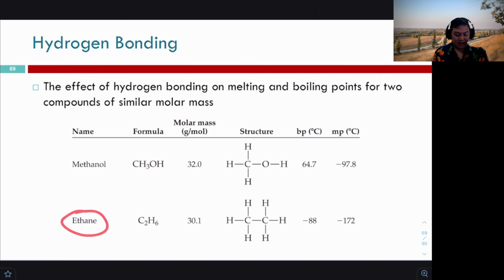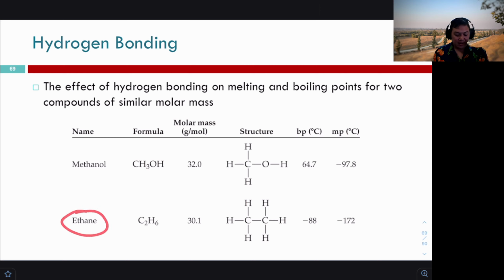So below 64.7 degrees C, methanol is a liquid. Below negative 19.5 degrees C, formaldehyde is a liquid. And below negative 88, ethane is a liquid. So there's a very, very large difference in the boiling points of these liquids. There's also a large difference between the melting points too, where they turn into solids.